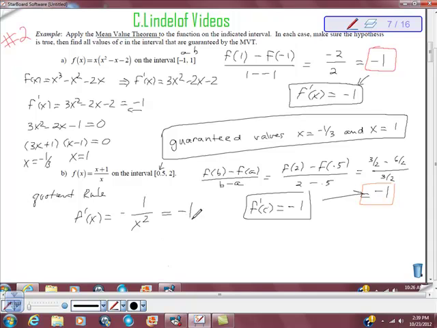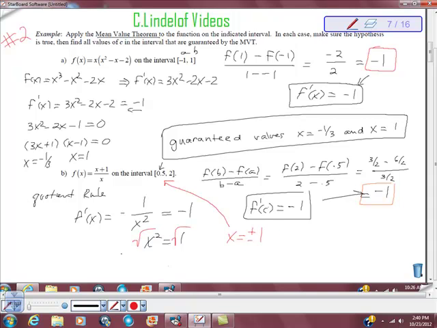So I will set that equal to -1. You can solve by multiplying both sides by -1, and you get x squared is equal to 1. You have to be careful here because it's a trick both ways. I am going to take the square root of both sides and get x is equal to plus or minus 1. Now, I'm not going to call this a guaranteed value, because I'm going to be really smart and take my time.